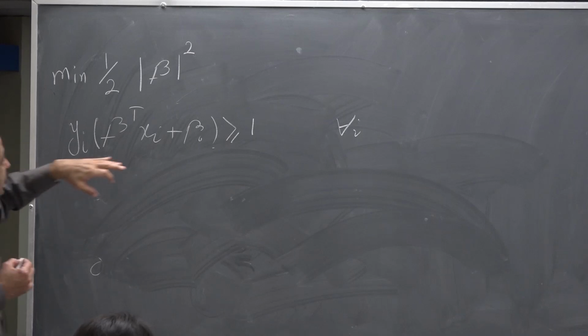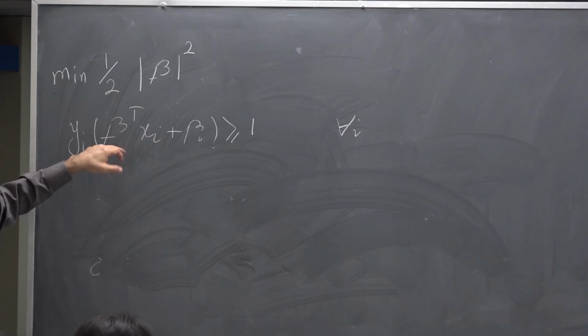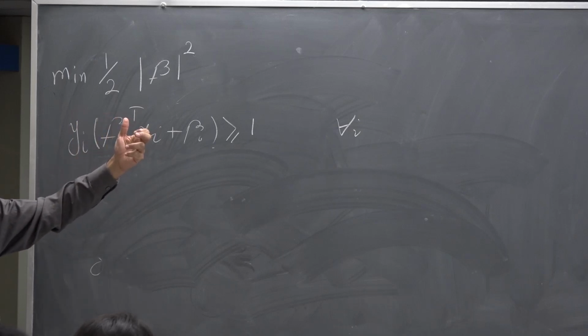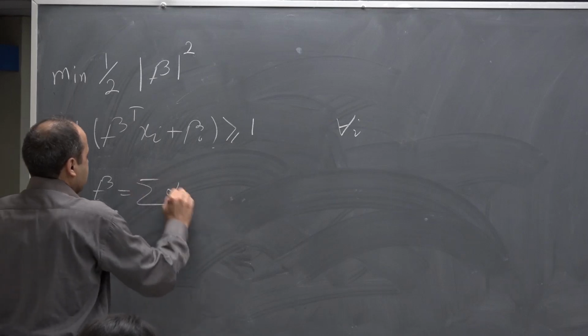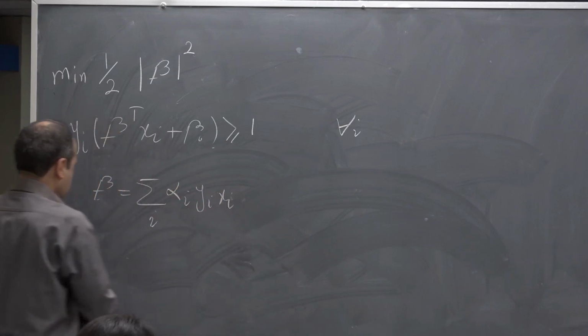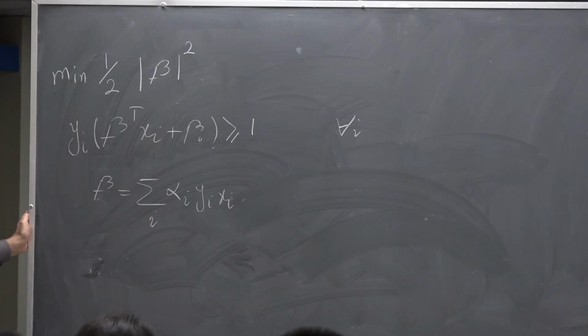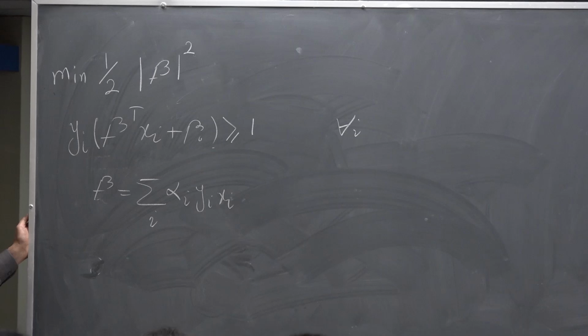In fact, I'm not sure if I emphasized that. Finding beta is trivial when you have the dual variable alpha, because beta is going to be sigma alpha i yi xi over all i. But what about beta null? How can we compute beta null?